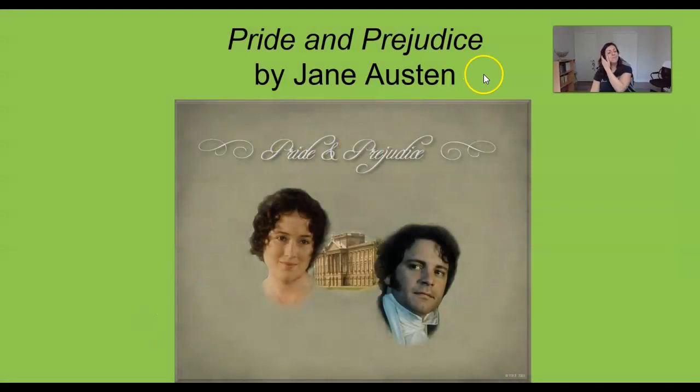So first of all, I do want to share with you that I chose this novel for a very particular reason. Let me clarify what that reason is, and give you my logic behind using this novel for English 104. English 104 is supposed to be the scholar's critical thinking journey, right? That's the whole purpose.